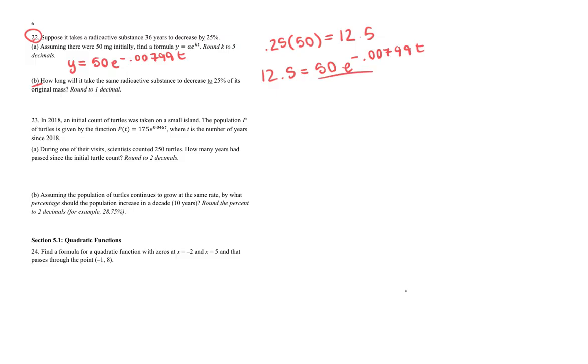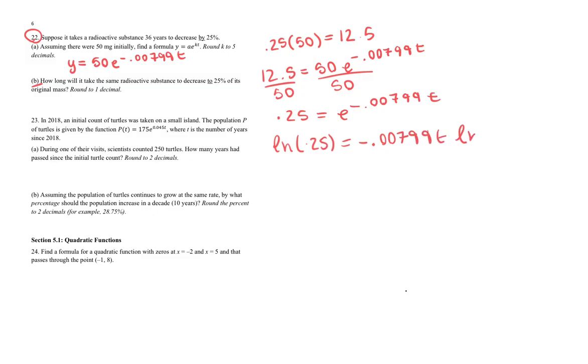So we'll start by dividing both sides by 50. That'll give us 0.25 equals e to the negative 0.00799t. Then we just need to take the natural log of both sides. And then the natural log allows me to bring that exponent down, so I'll just go ahead and do that.